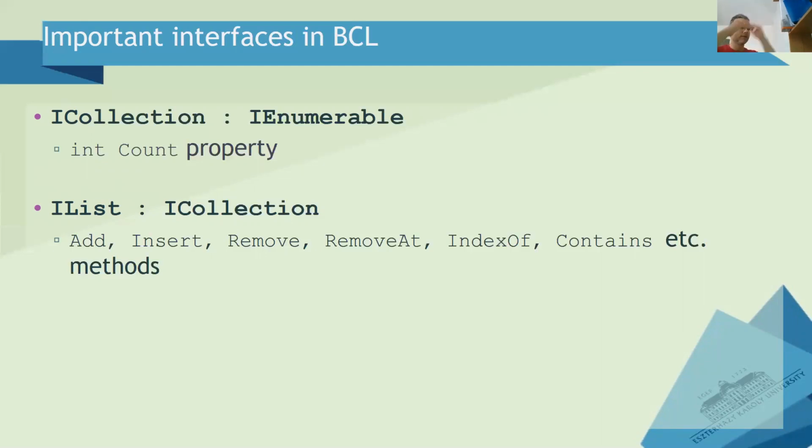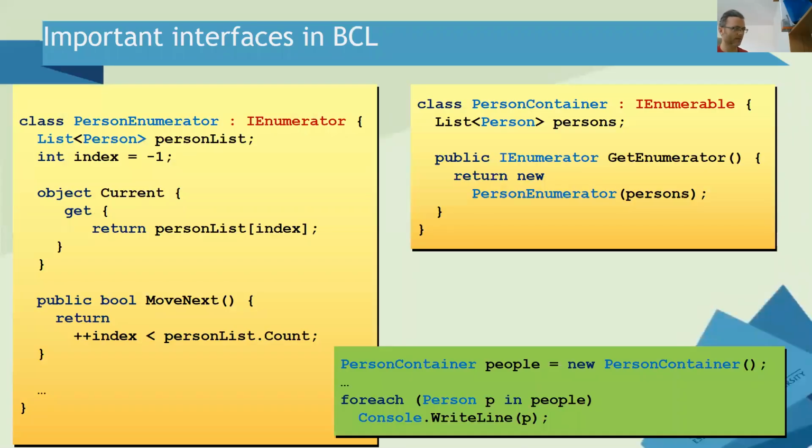They extend each other. For example, I just used the IEnumerable interface. You can see an example here. And this is a very easy interface. It contains only one method, GetEnumerator, and that's it.